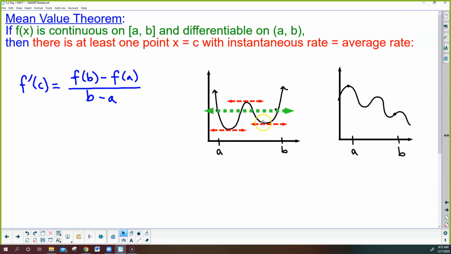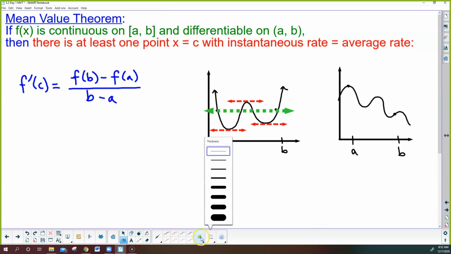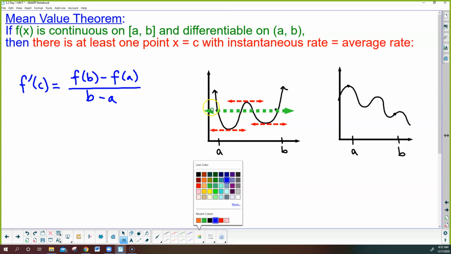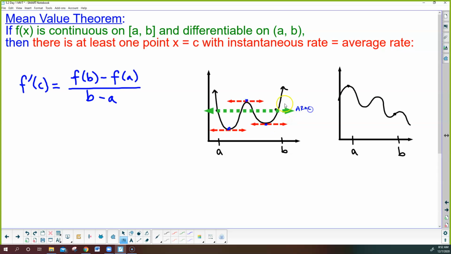So there are 3 points on this graph where the average rate of change is equal to the instantaneous rate of change. And because I don't know what these values are, I'm just going to call them f prime of x, even though there would be a c value that we would find, the actual location.